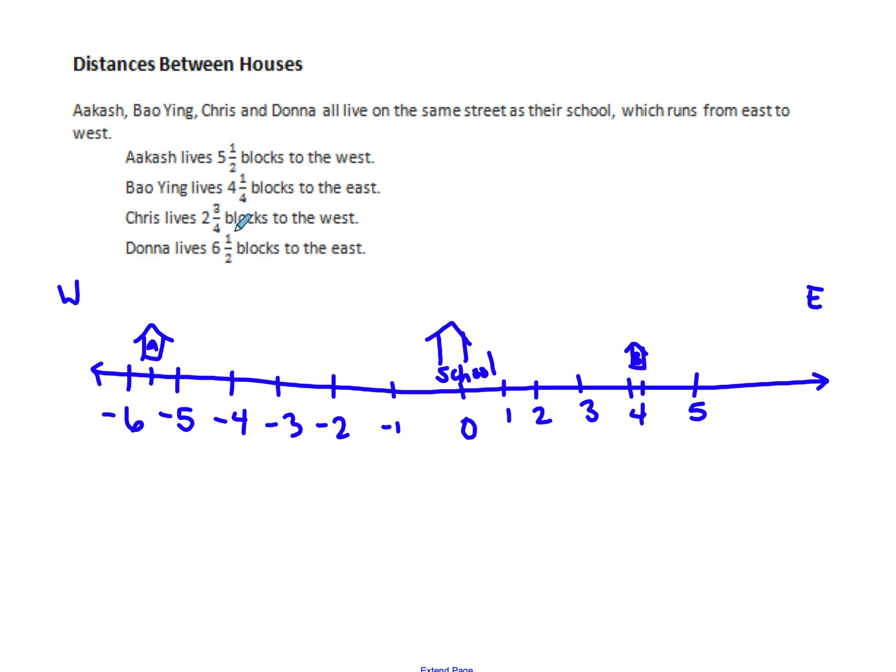All right, Chris lives 2 3/4 blocks to the west. So 2 3/4 would be about here. And Donna lives 6 1/2 blocks to the east.